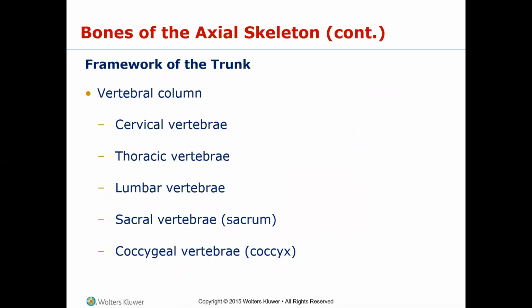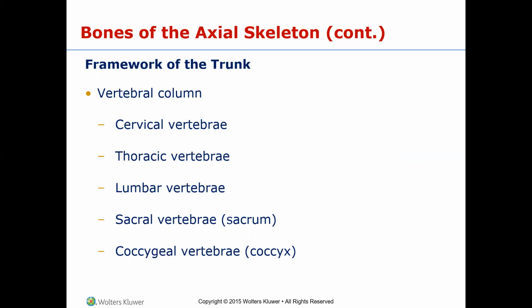So then when we look at the trunk, we have the vertebral column. We have the cervical vertebrae, of which we have 7, and then the thoracic vertebrae, we have a total of 12, and then we have the lumbar vertebrae, of which there are 5, and then the sacrum.